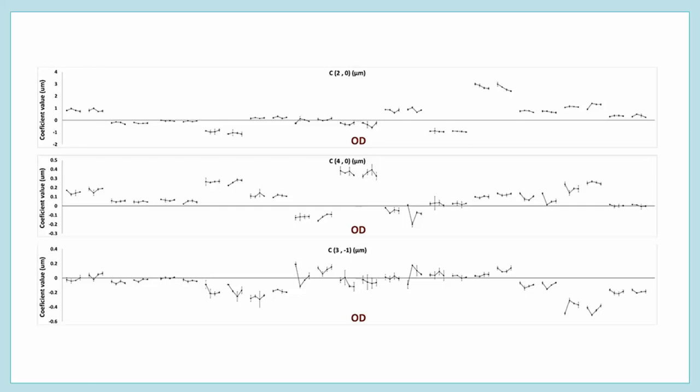Regarding vertical coma, a pattern of increase followed by decrease is observed in 58% of the eyes. This phenomenon can potentially be explained by the downward drop of the crystalline lens during accommodation caused by gravity, leading to change in higher order aberration, as we mentioned.